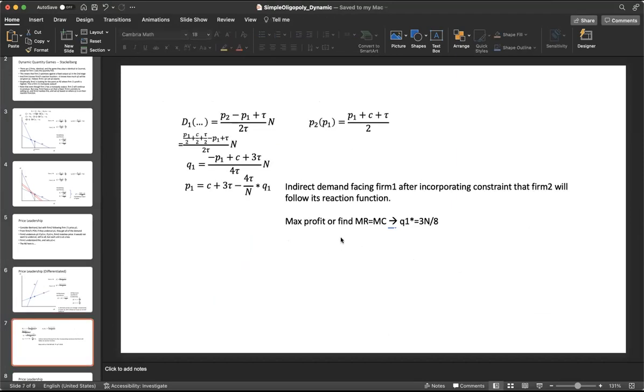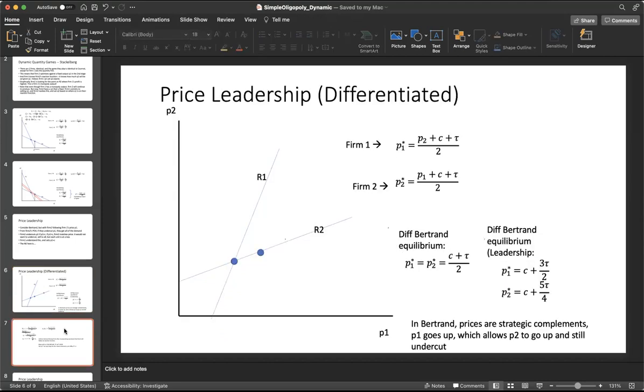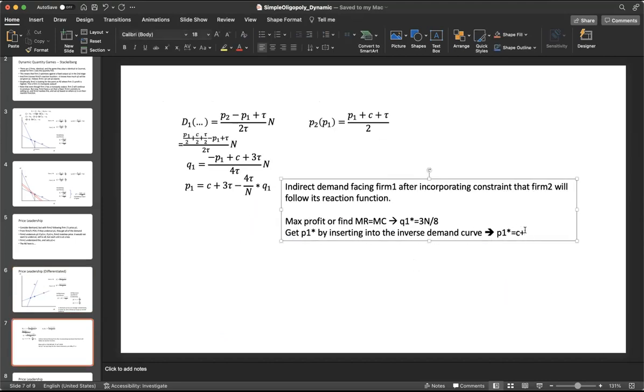It's probably worth writing down: Q1 star, inserted into the inverse demand, gives you P1 star equals C plus 3T over 2.